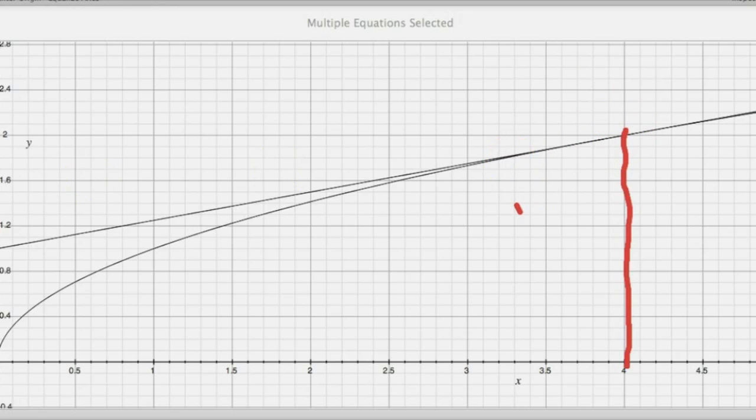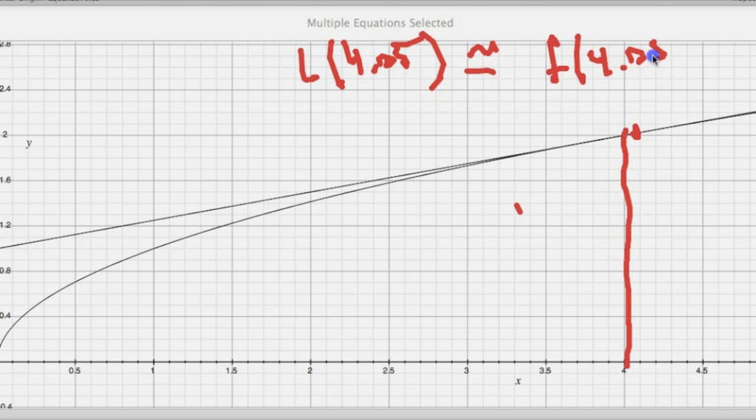Now let's see where 4.05 would be. It would be super close. It'd be right there. And look at that, the line is basically going through that point. You can see L of 4.05 is going to be just about equal to f of 4.05 because look at how close that is.